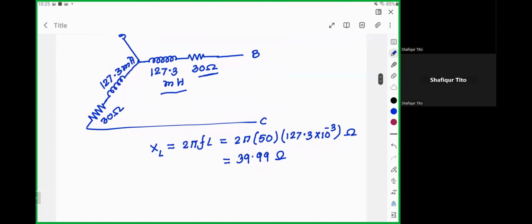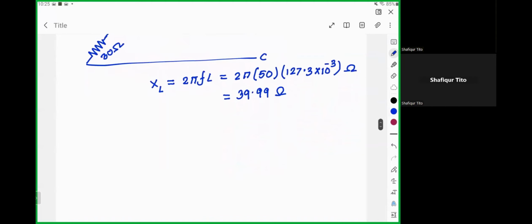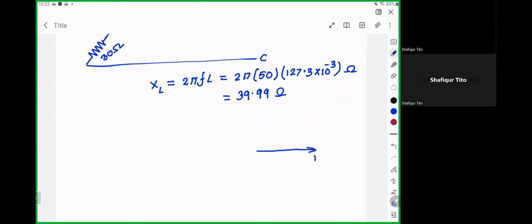Now, if we remember the impedance diagram, then this is my resistance, and XL will be in the upward direction. Current is lagging, so it will be the downward direction, right?